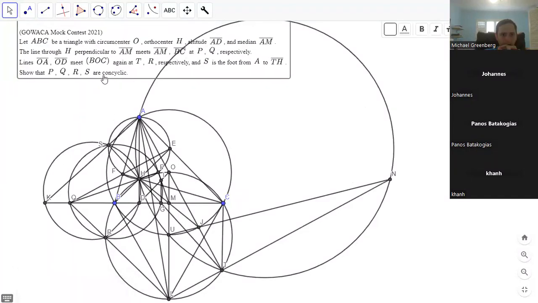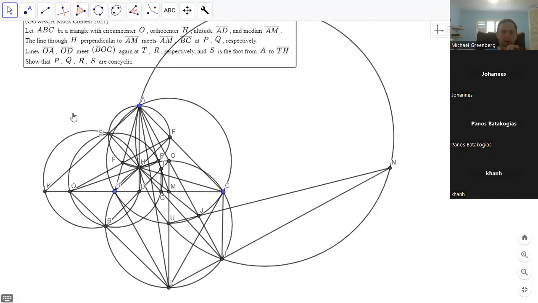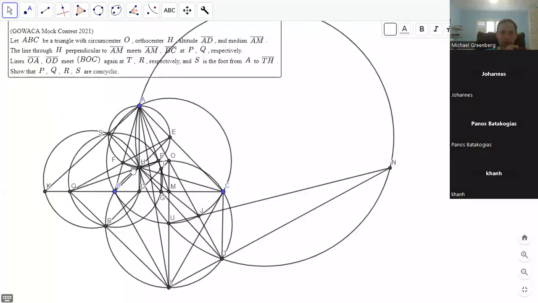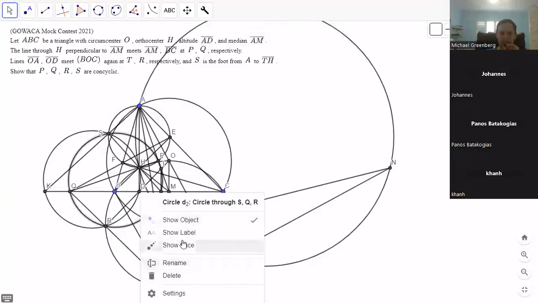We proved that PQRI is cyclic, but we didn't prove that G lies on it. I guess it depends how you define G. But if you define G as where this intersects BC, then we don't know that G lies on a circle.